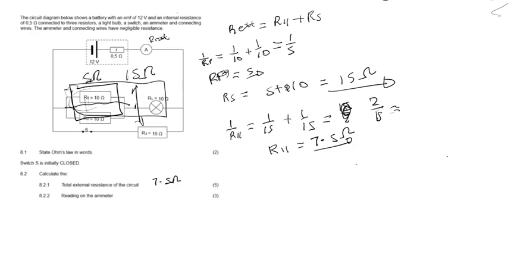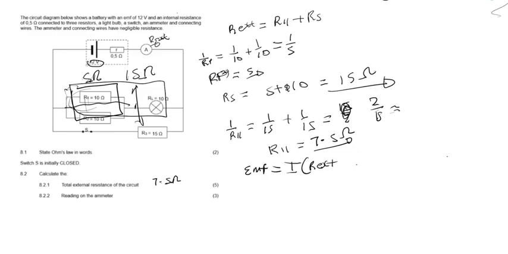And the second question: calculate the reading on the ammeter. Okay, here is our ammeter. You see it is on the main circuit, so it's going to be our total current flowing through the circuit. We have also been given the EMF, so we just need to use the formula for EMF.